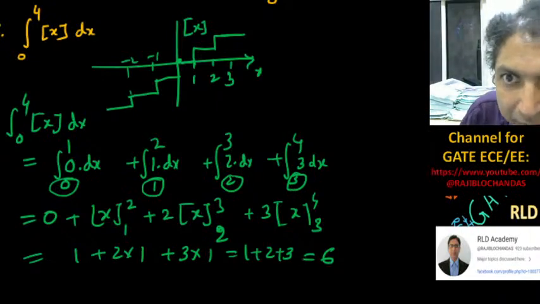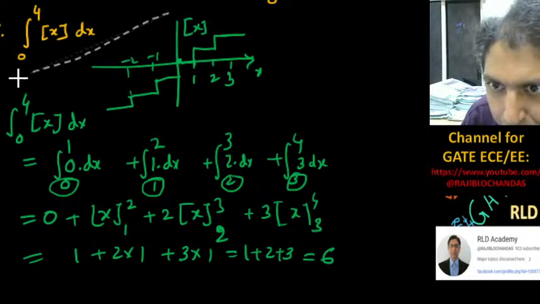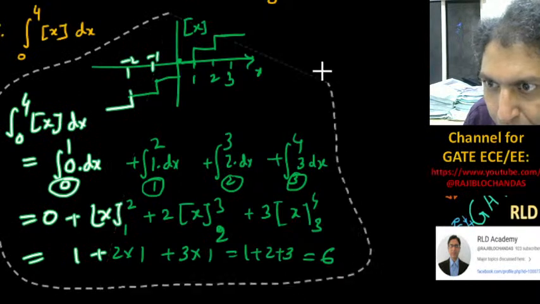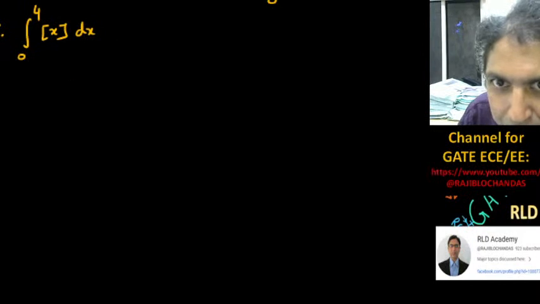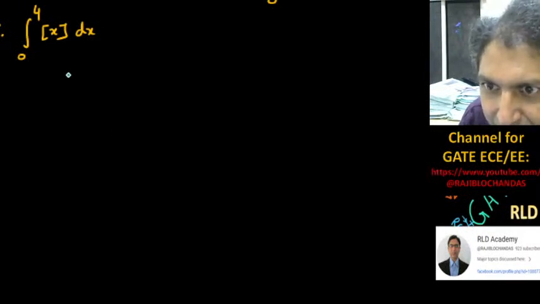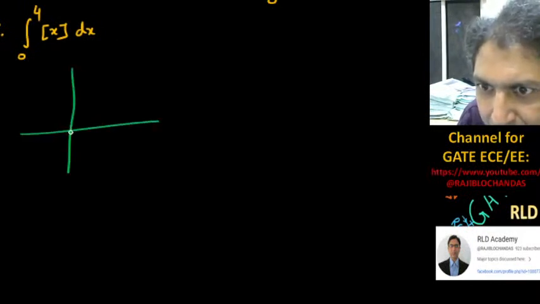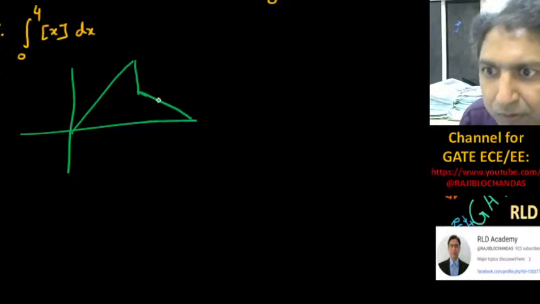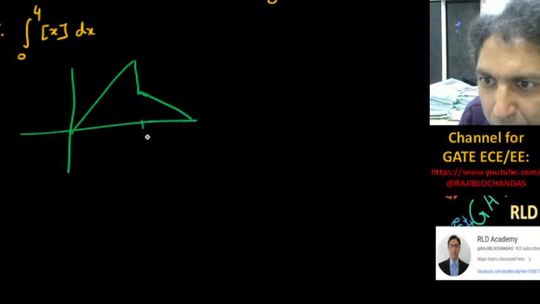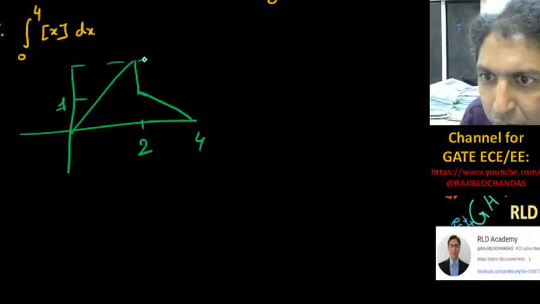I will give you one example. Suppose this is one function, and suddenly it is dropping here, and this is another function. Suppose this value is 2 at x equal to 4, and this value is 1, and this value is suppose 2.